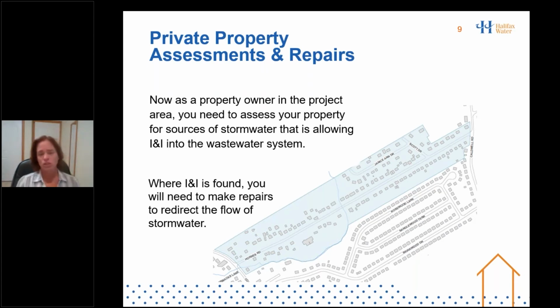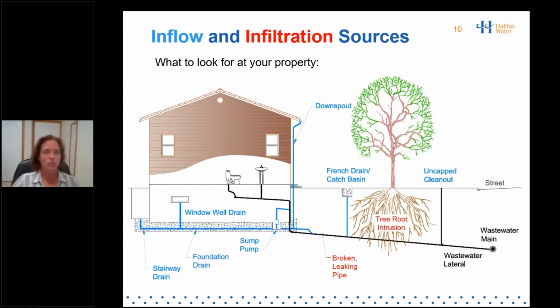So where would you look on your property? This diagram gives you a general idea of inflow and infiltration sources. And again, you'll recognize the same picture with the plumbing infrastructure and the wastewater lateral connecting to the street.